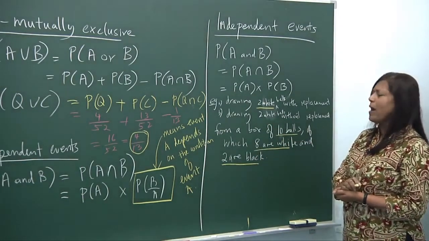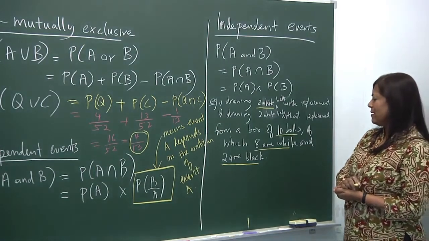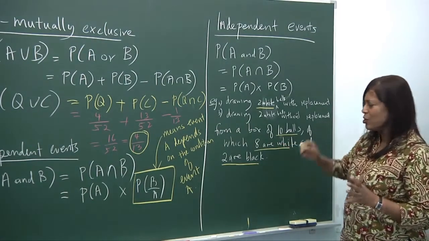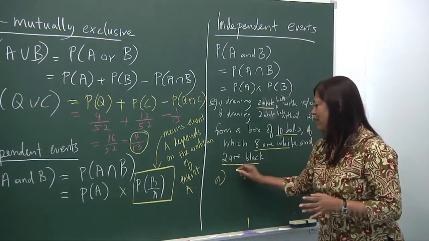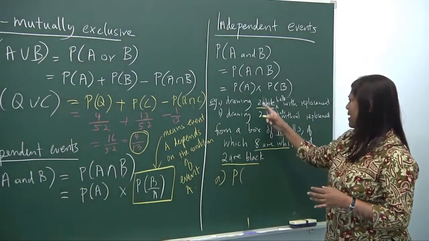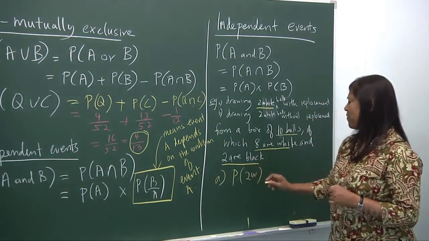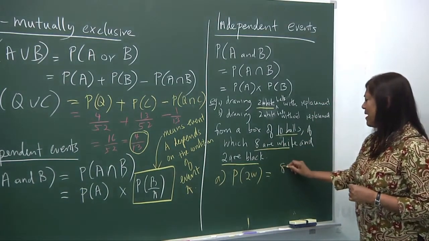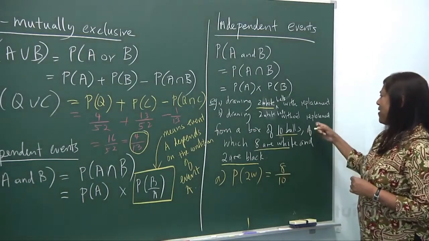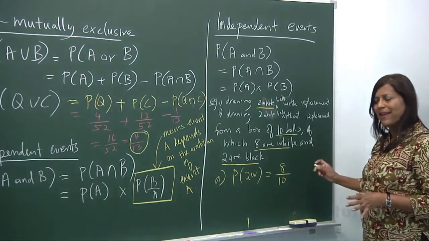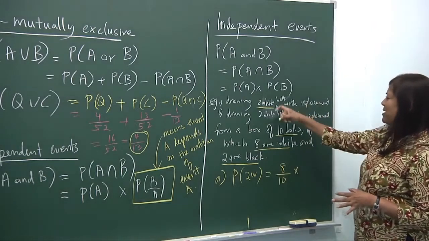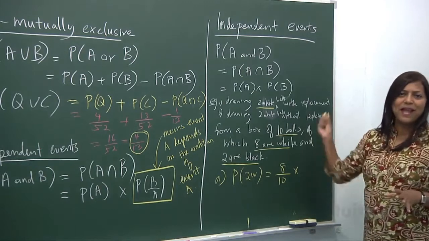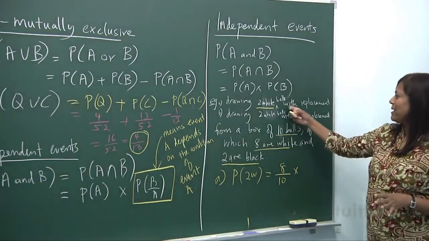The first draw, we're doing A: there are 8 whites, and altogether you get 8 out of 10. And then the second one is drawn again. So now we do it in 2 conditions. Here is with replacement. That means you take the white and you put it back again.